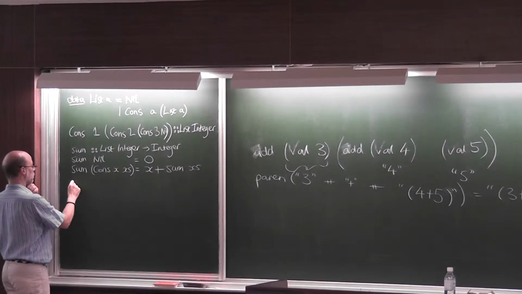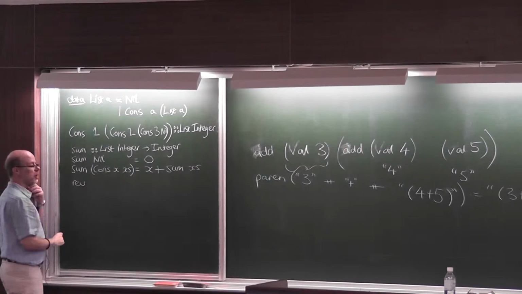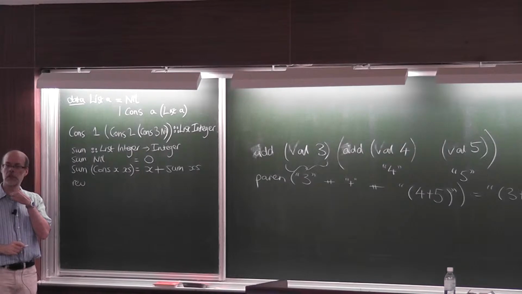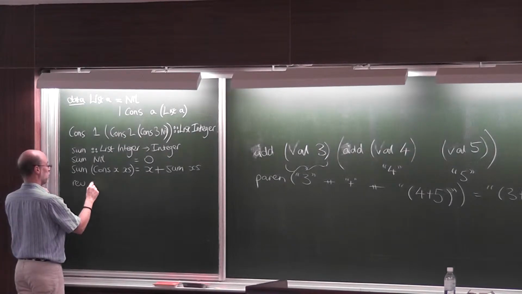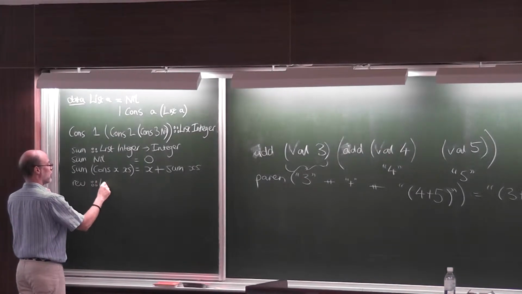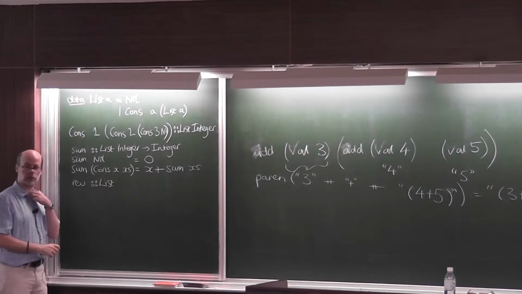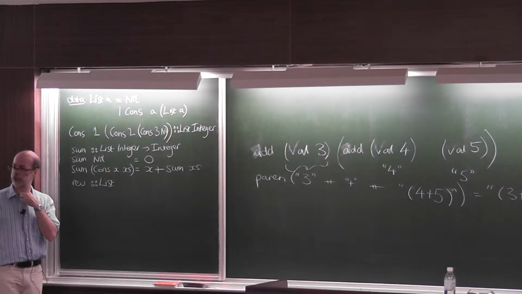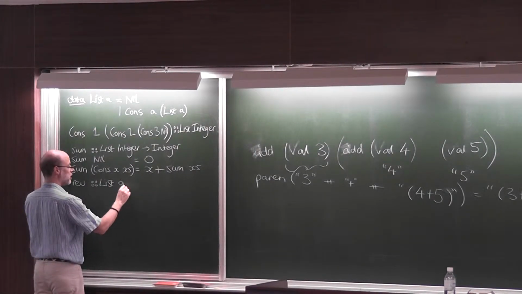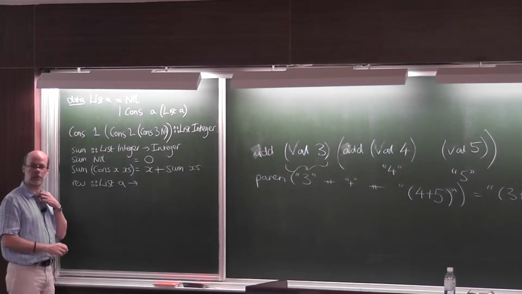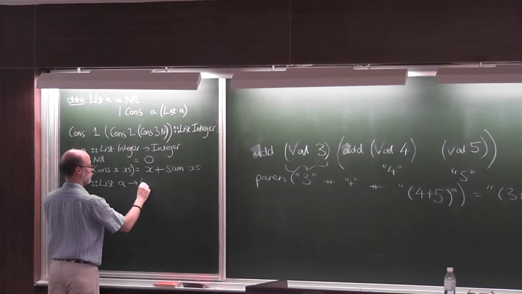Here's another one. Reverse is going to take not necessarily a list of integers. This will work for a list of characters, a list of booleans, and so on. A list of any type, and give me back another list.